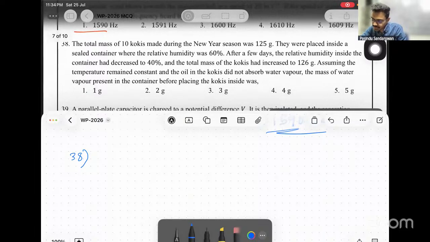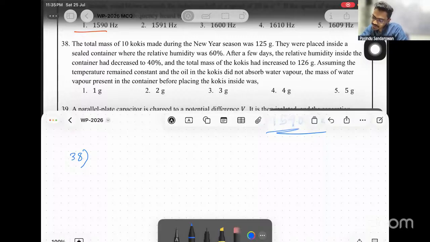Question 38. The total mass of 10 cookies made during the New Year season was 125 grams. They were placed inside a sealed container where the relative humidity was 60%. After a few days, the relative humidity inside the container had decreased to 40% and the total mass of the cookies had increased to 126 grams, which means an additional 1 gram of water vapor is absorbed into the cookies.